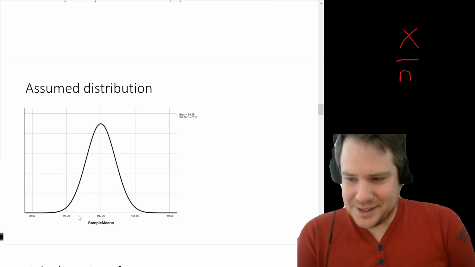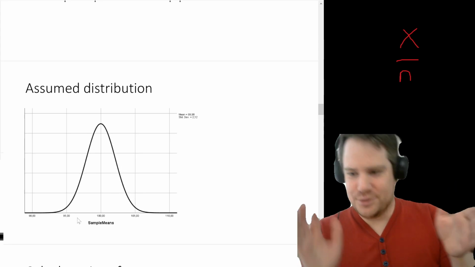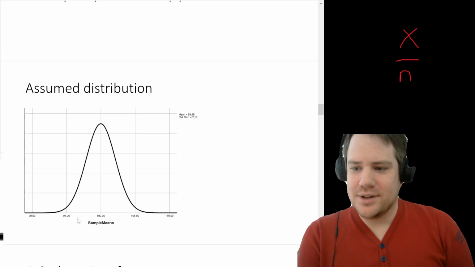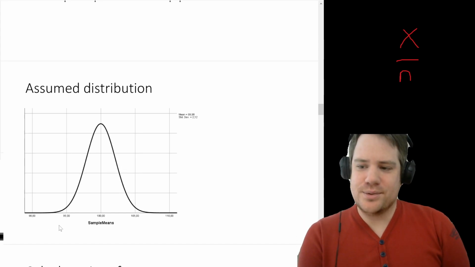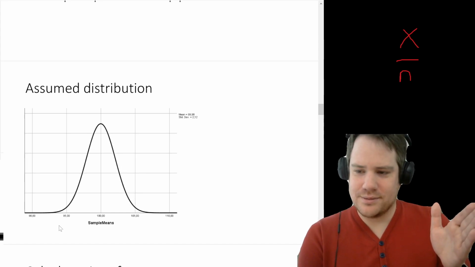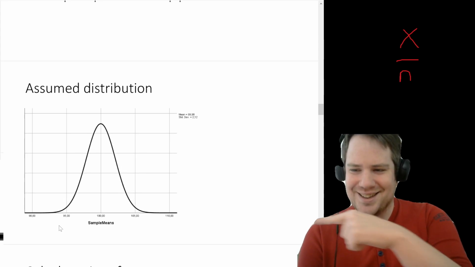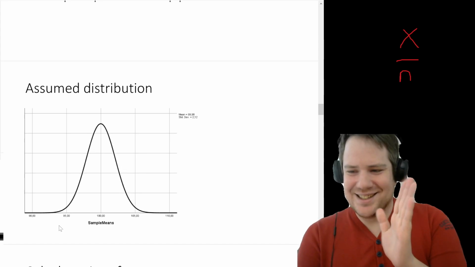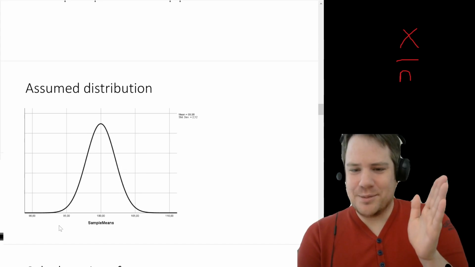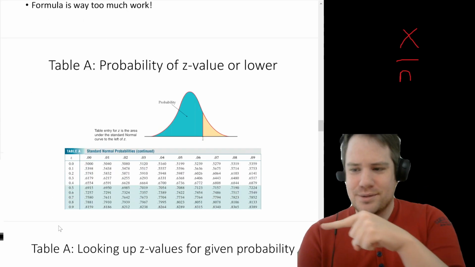And for each of those 700 points, ranging from minus 3.5 to plus 3.5 to keep it simple, it gives you the probability to find that value or lower. So table A always gives you the probability to find a particular value or lower.